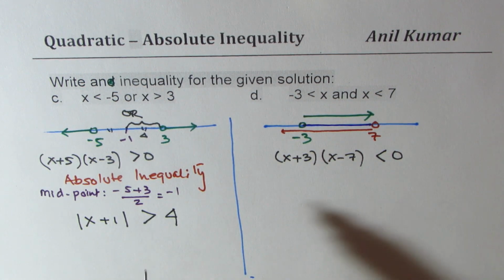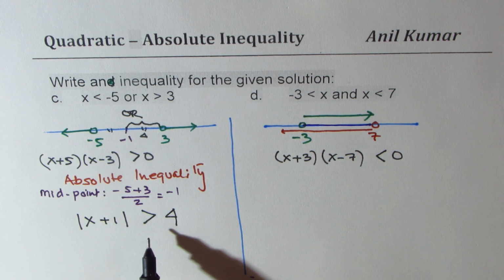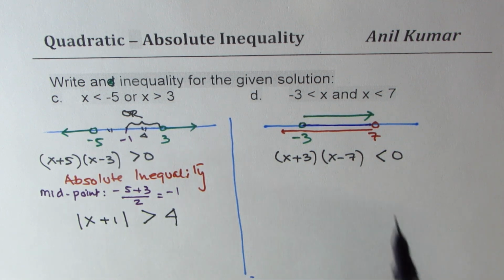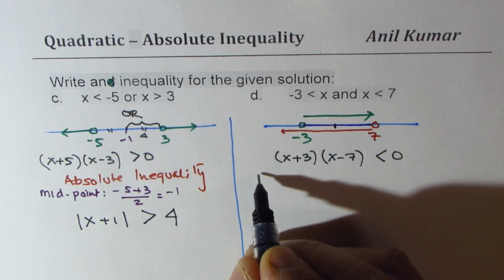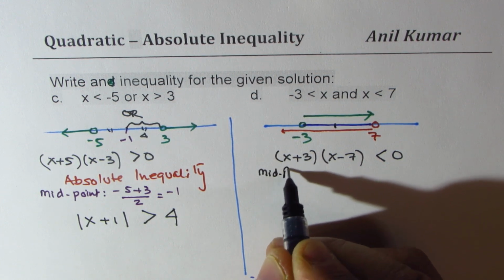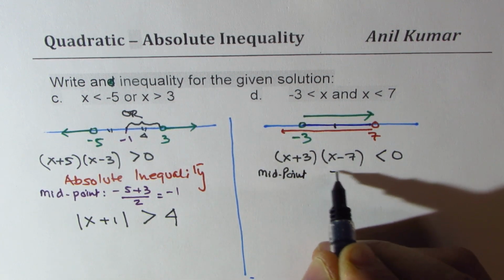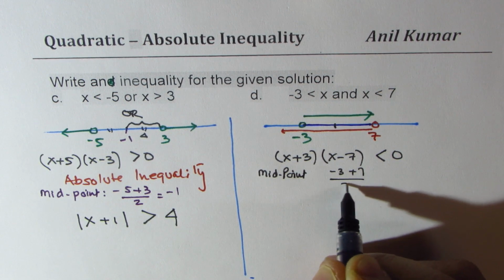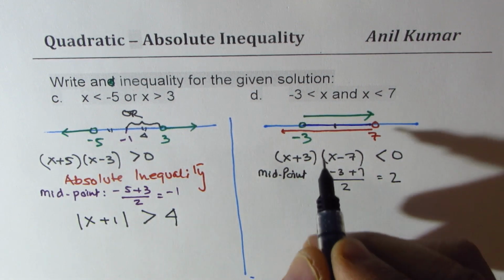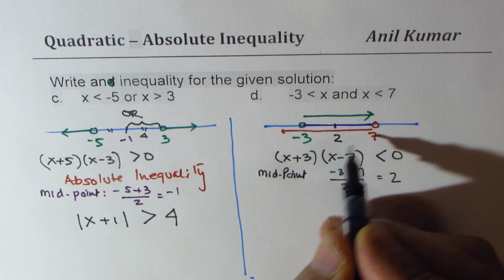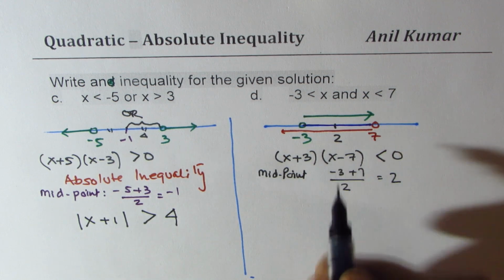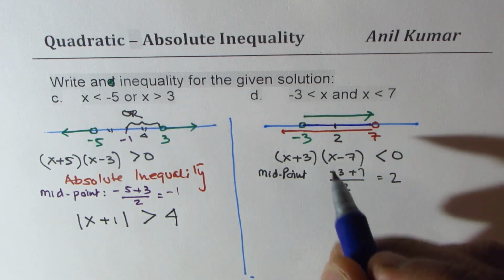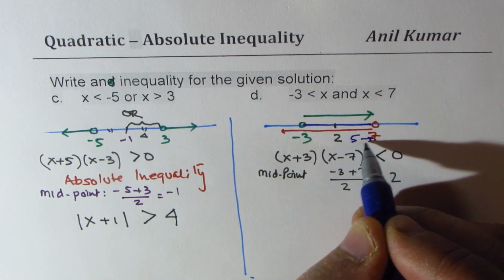How will you write as an absolute inequality? Well, the concept is simple. We have to find the midpoint. So the midpoint again here is minus 3 plus 7 divided by 2, which is 2. So that is 2. And how far are we? We are 5 units away, right?